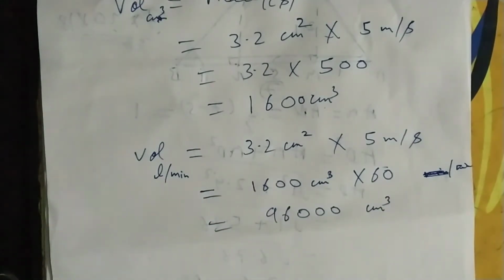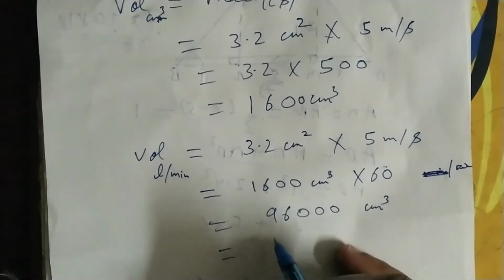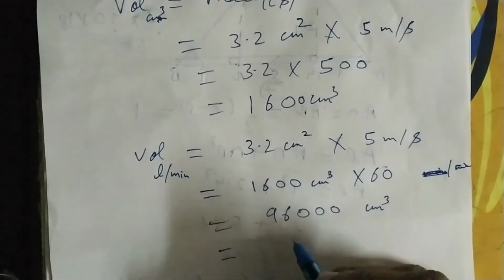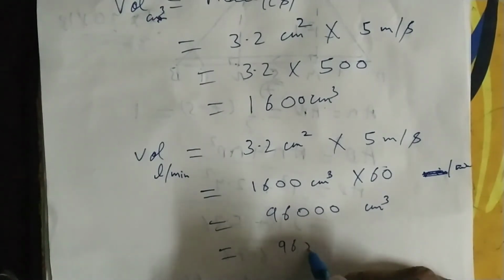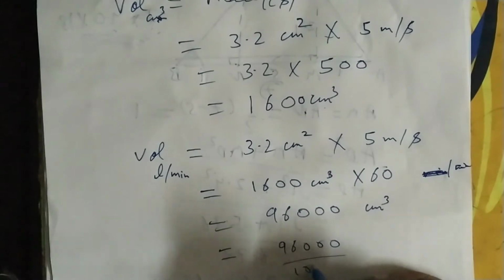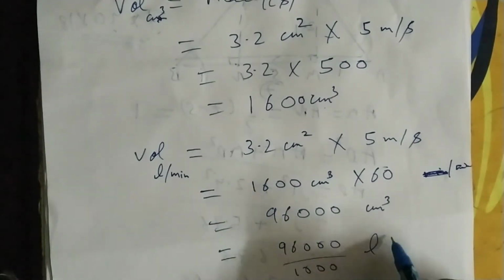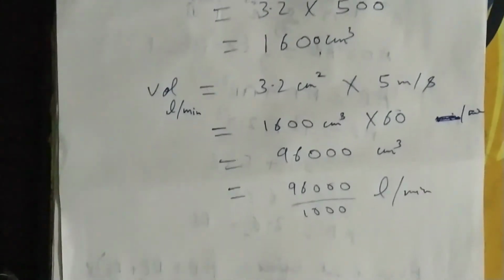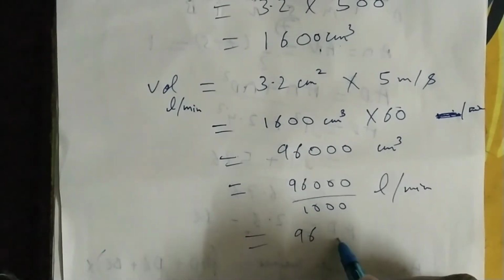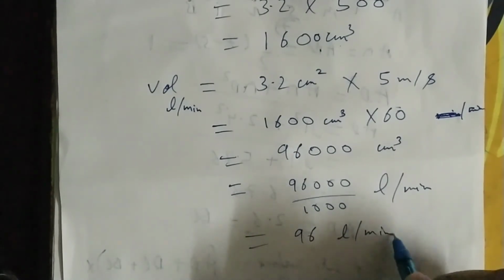Now we have to change this centimeter cube into liter. 1 liter is equal to 1000 centimeter cube. So for changing this into liters, we will divide by 1000. So 96,000 upon 1000 liter per minute. This will be 96 liter per minute.